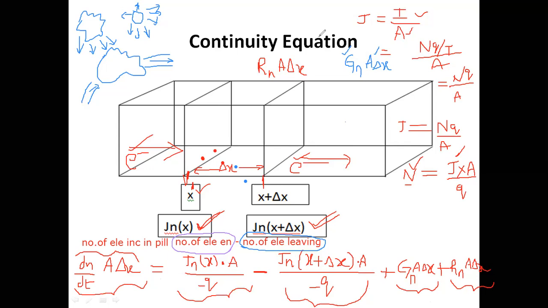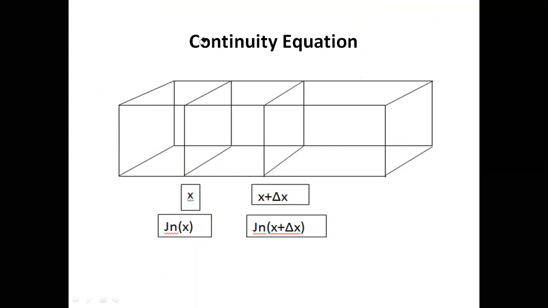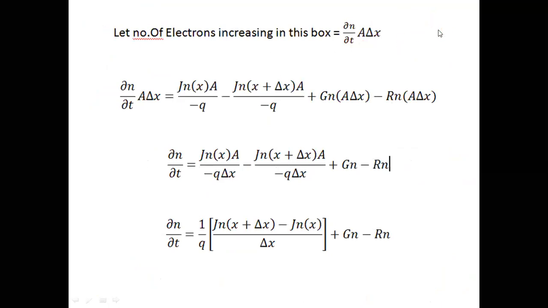Okay, I'm erasing now. I'm clearing all the drawings, and now this we have written here. Dou n by dou t times A delta x is the volume of electrons inside the box, and this term is the number of electrons flowing into the pillbox at point x.